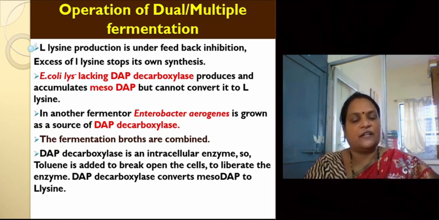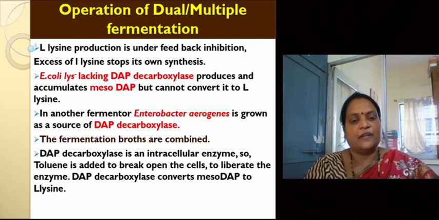L-lysine production is under feedback inhibition. Excess of L-lysine stops its own synthesis. E. coli lysine auxotroph is lacking DAP decarboxylase. Therefore, it produces and accumulates meso-DAP but cannot convert meso-DAP into L-lysine. In another fermenter, Enterobacter aerogenes is grown as a source of DAP decarboxylase.